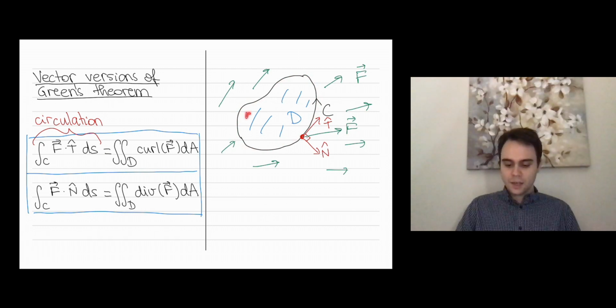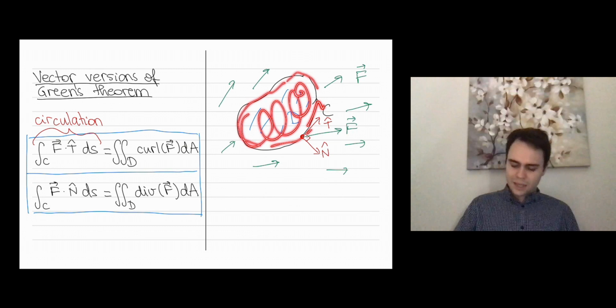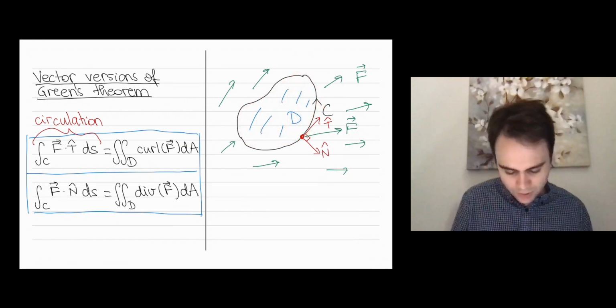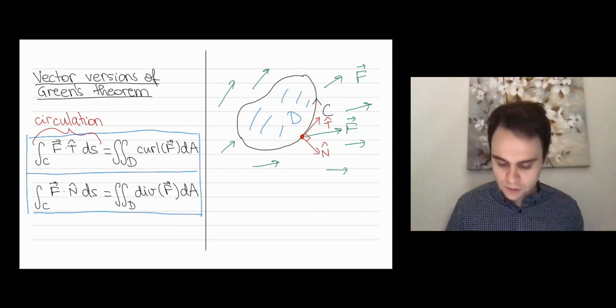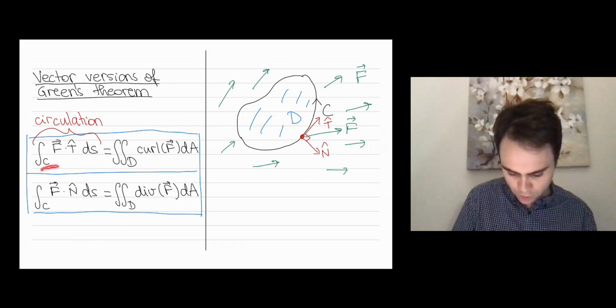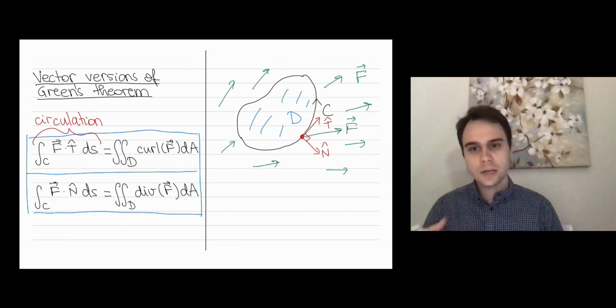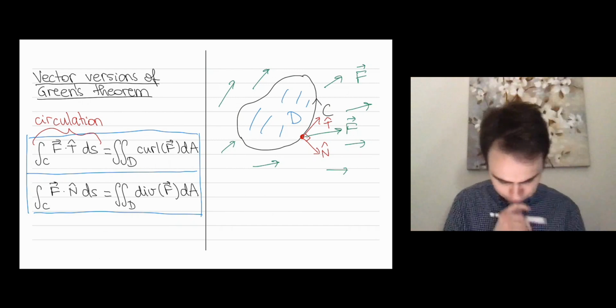It's relating the situation on the inside of the region with what's happening outside. And it's not unbelievable that these two numbers are the same. At least they connect to rotation in the same way.